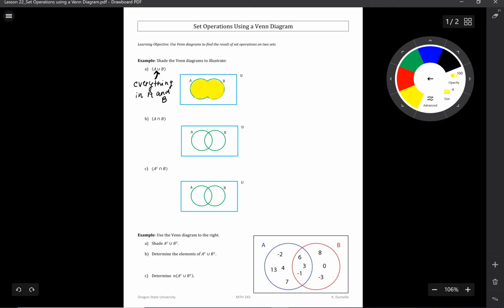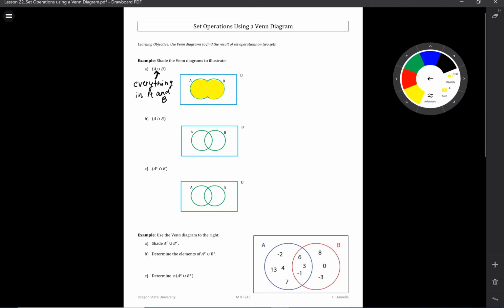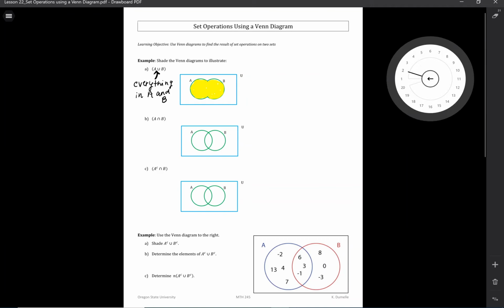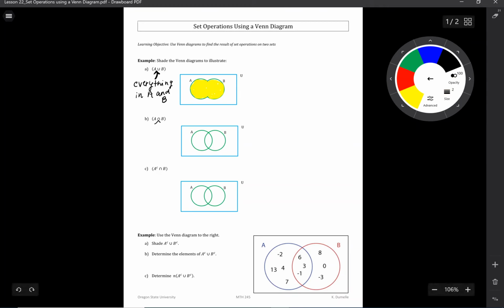All right, the next one asks for A intersect B. So here, I'm having trouble with my pen, sorry. If we want to find A intersect B, that's everything that A and B have in common.